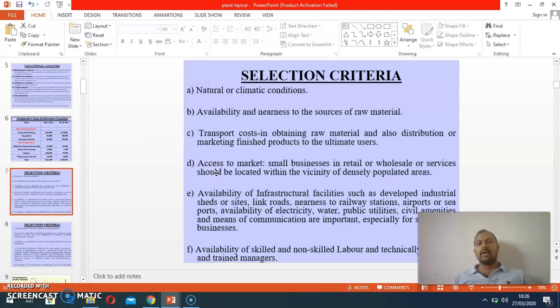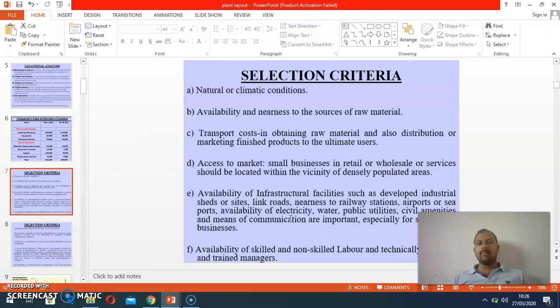For access to the market, a small business, retail, wholesale or services should be located within the vicinity of densely populated areas. Then availability of infrastructural facilities such as developed industrial sheds or sites, link roads, nearness to railway stations, airports or seaports, availability of electricity, water facility, public utilities, civil amenities and means of communication are important, especially for small scale business.